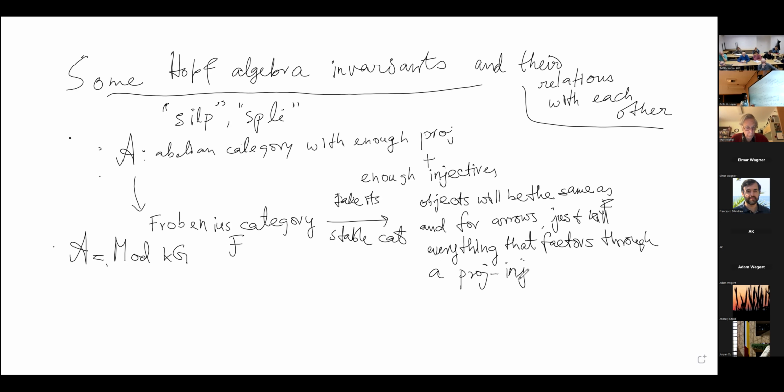So let's say G is a finite group, and K is a field whose characteristic divides the order of G. And let's say I am here, I'm looking at finitely generated modules.